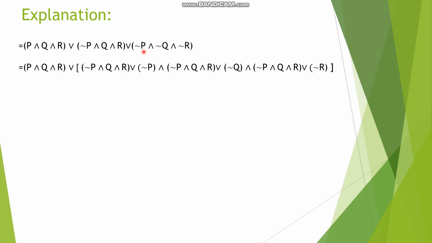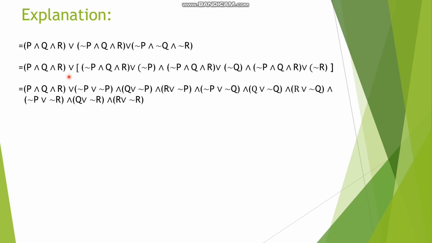Here we use the distributive law by multiplying negation P with this bracket, and similarly negation Q multiplies with this bracket, and similarly here negation R is multiplied with this bracket. This law is also known as the distributive law.